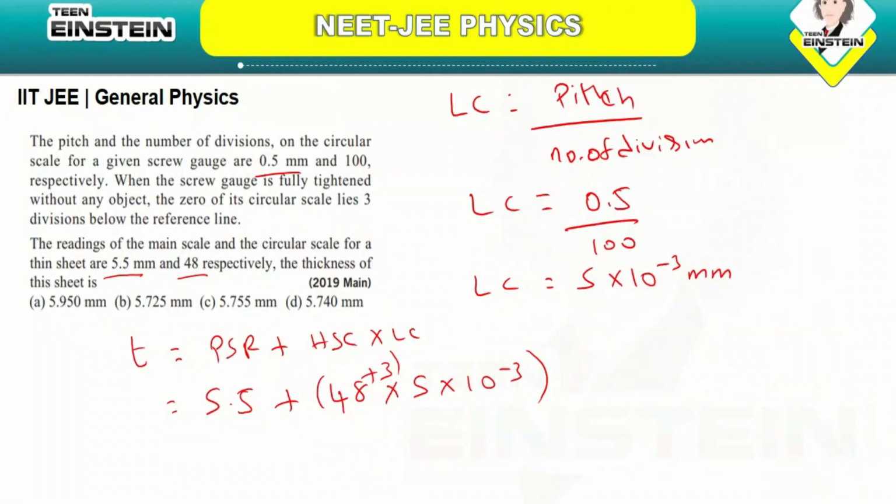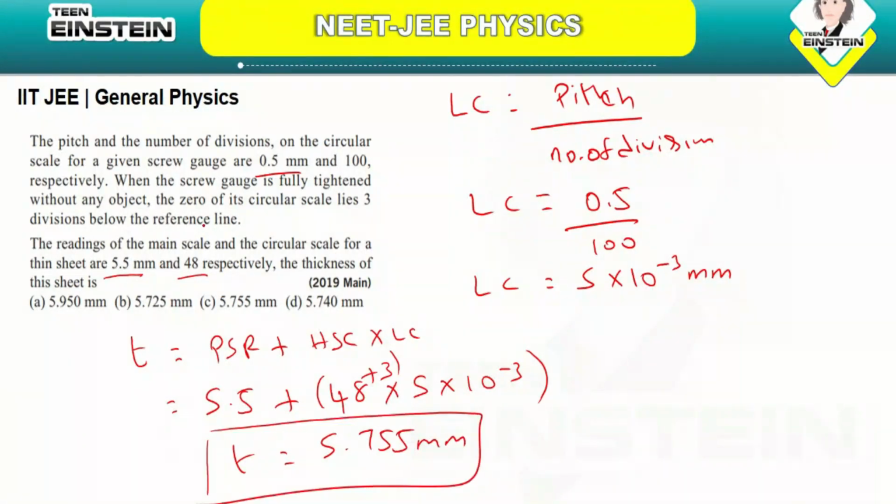If you solve this, you will get T equal to 5.755 mm. Why we are adding this plus 3 is because the zero error is 3 divisions, and it is a negative error because it is lying below the reference line. That's why we add this zero error to the head scale coincidence, and you get the T value as 5.755 mm. So the correct answer is option number C.